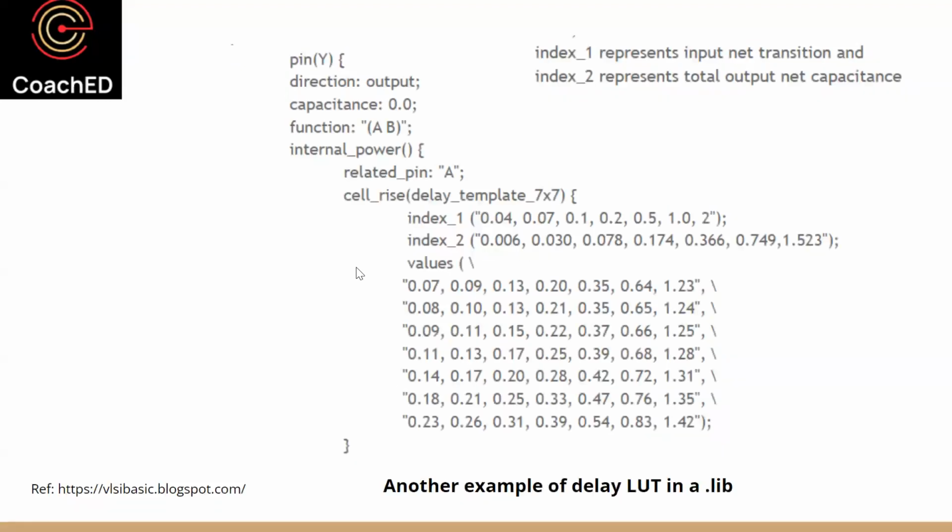Okay, so we'll take a break here, just on time. Let me just check if you understood. Let's say the input transition in this specific lookup table is 0.2, and the output load is 0.03. What is the value of the cell rise?